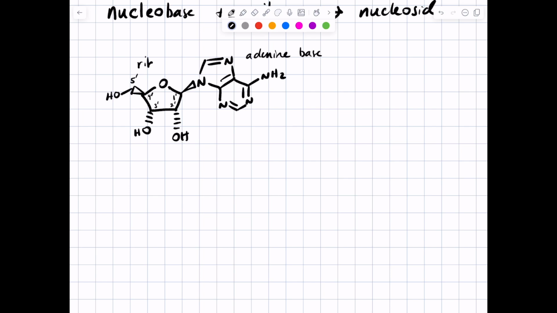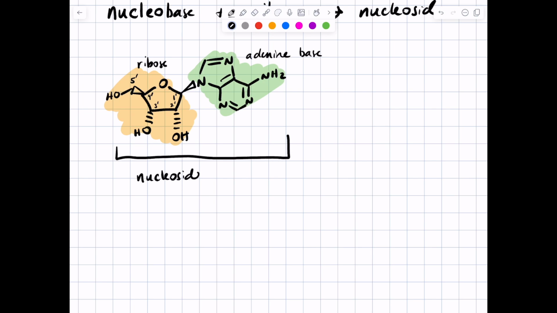You've got the ribose ring, the ribose sugar. Let's highlight the ribose sugar in orange. Let's highlight the adenine base in green. You put them together and it is a nucleoside which has the name adenosine.